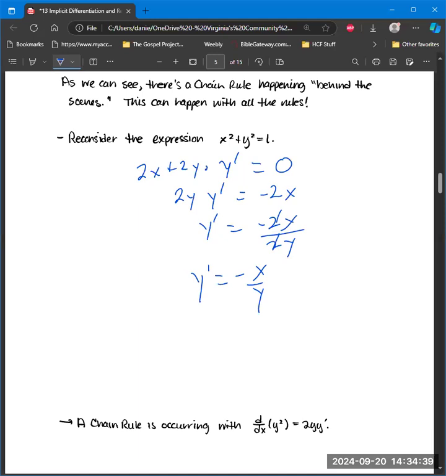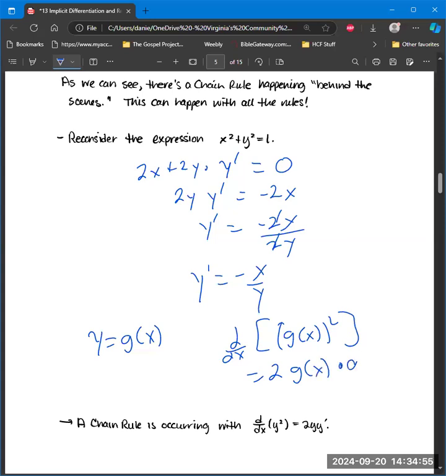So this is the idea that y is our inner function g, and the derivative with respect to x of g of x squared is 2 times g of x times g prime of x, and the y's are the g of x's here, so this is 2y times y prime.